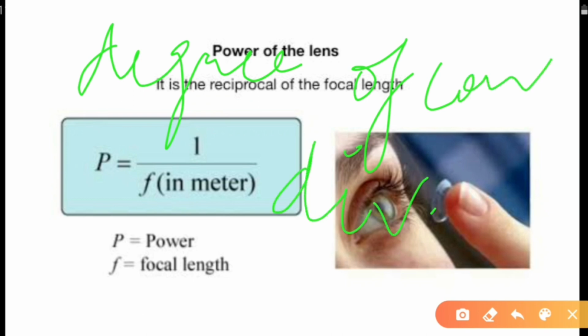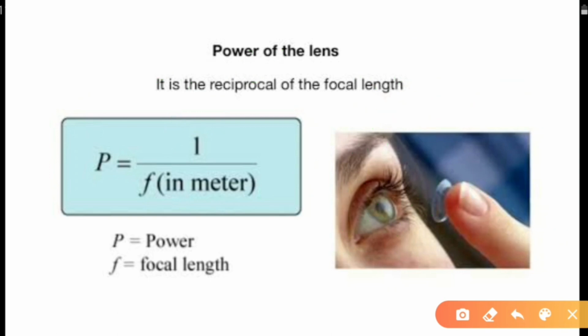This means that by knowing the power of a lens, we can have an idea of by what amount this particular lens can deviate any incident ray passing through it. The numerical value of the power of a lens, that is P, is equal to 1 upon focal length. This means that power P is equal to 1 upon focal length f.